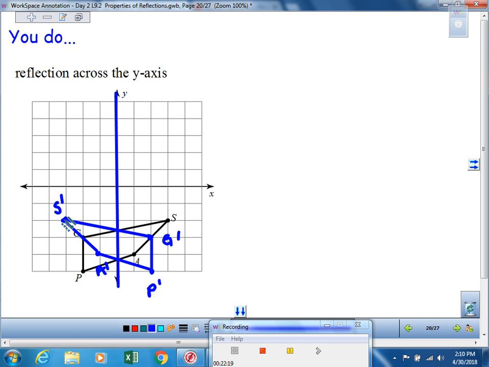Alright, so your shape should look like that. And this would be xy becomes what? Negative x, y. Okay?